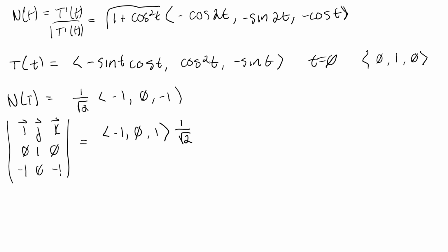Now, plugging in with our plane equation, we have our vector dotted with r minus r naught. We end up getting the equation negative x plus z plus 1 equals 0. And those are our two equations.